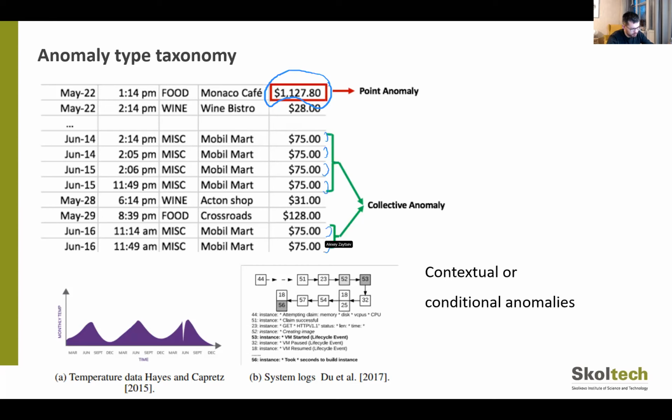Then maybe it's a collective anomaly or group anomaly here. Because if we see only one transaction like this, we can see nothing anomalous. But if we see that this is a pattern, and it's a very unusual pattern, then we can see that it's very strange. We should do something about this.